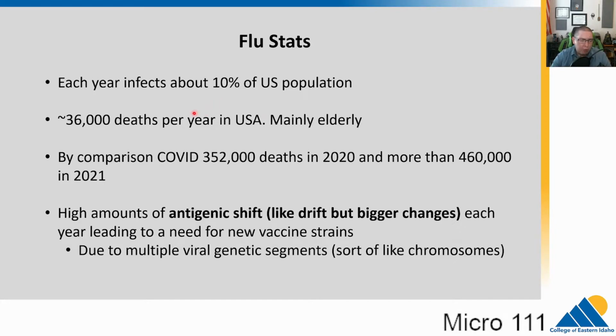Just for comparison, the first 2 years of the COVID-19 pandemic, we had 352,000-ish deaths in 2020 and 460,000 deaths in 2021. I couldn't find accurate numbers for 2022, but I'm guessing it is lower because we have higher vaccination rates, people have been exposed, and unfortunately, most of the susceptible people have died.